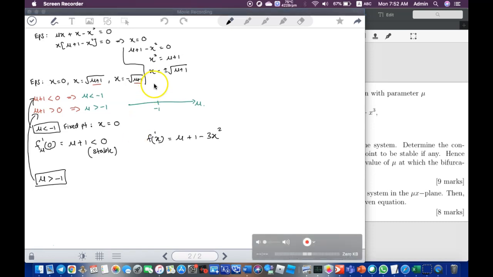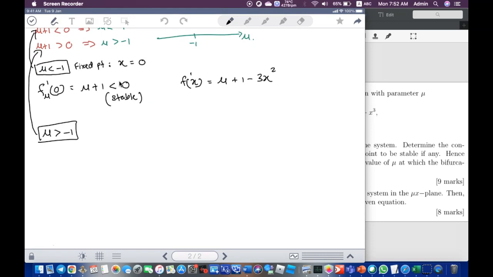So how many equilibrium points do we have? We got 3, right? Because mu plus 1 is positive, this will give you a real number. So you got 0, and they are all equilibrium points. So for this, there are 3 fixed points: x equal to 0, and then x equal to plus minus the square root of mu plus 1.